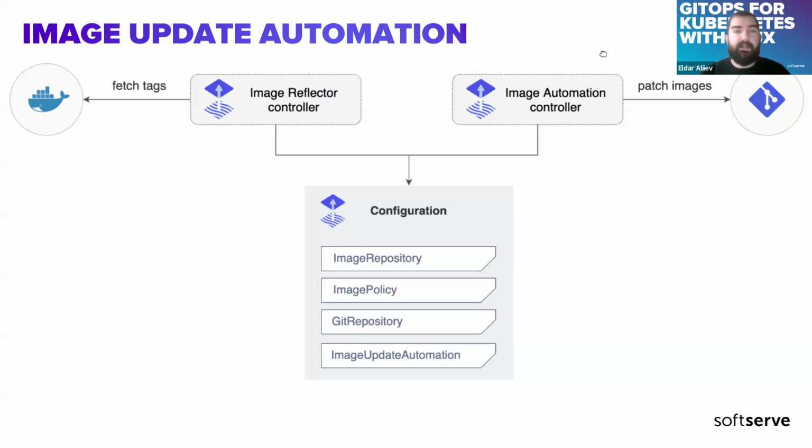Once a new tag is added to the Docker registry, the image automation controller will patch the image version. It will patch the image tag in some manifest, and it will push that patch to Git automatically.